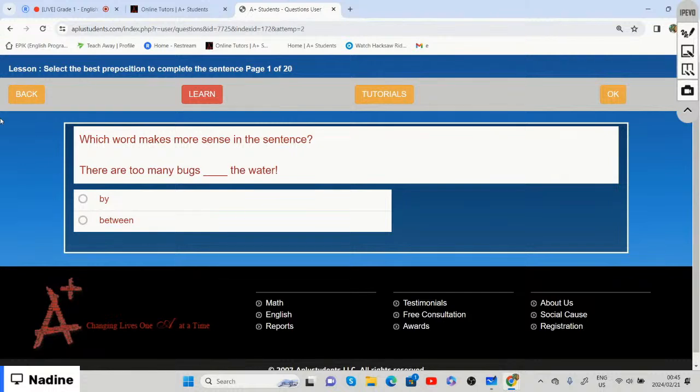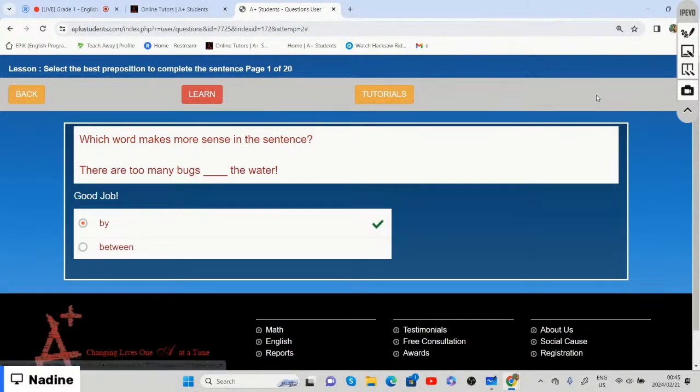And if we were to choose the correct answer, we can say there are too many bugs by the water, right?